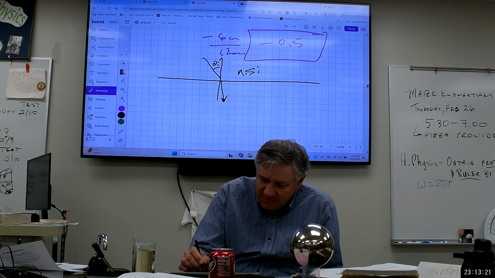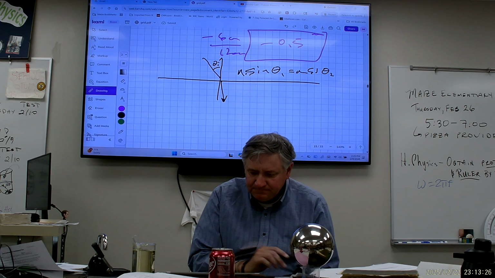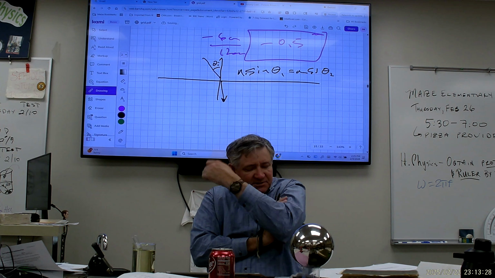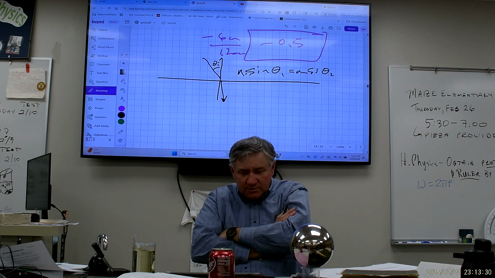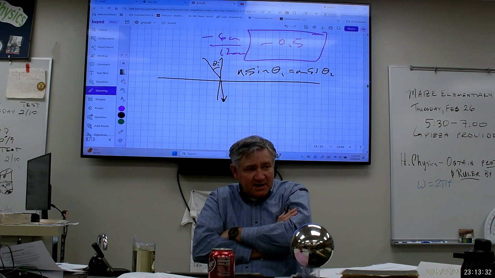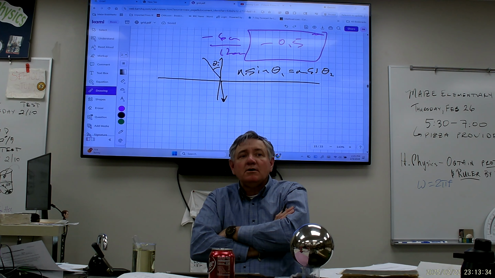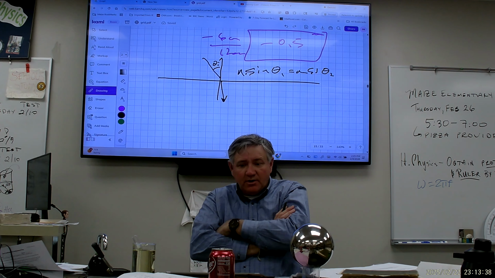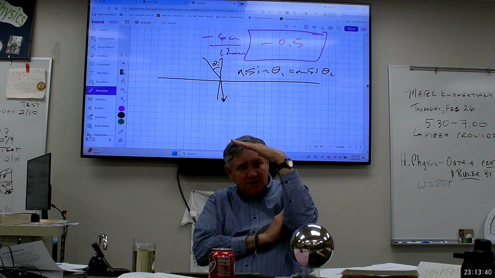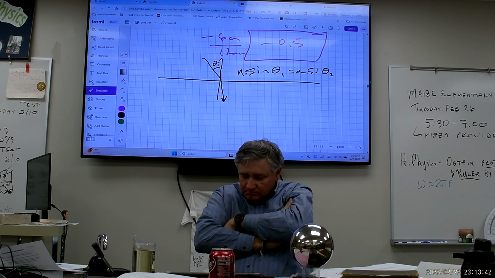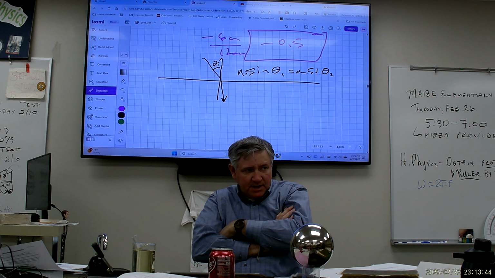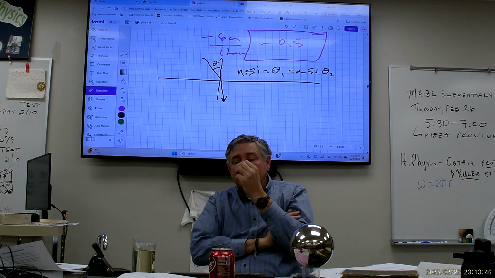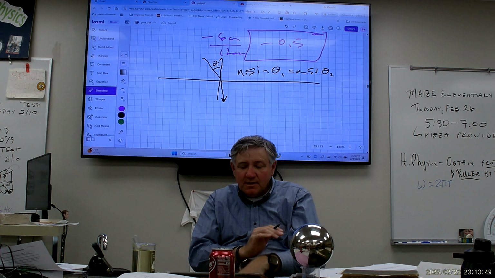So n1 sine theta 1 is going to equal n2 sine theta 2, right? Cool. So, could you have total internal reflection in this scenario? No. Why? Because you're going from a less optically dense medium into a more optically dense medium. So there's no way I can make this stay within that surface.